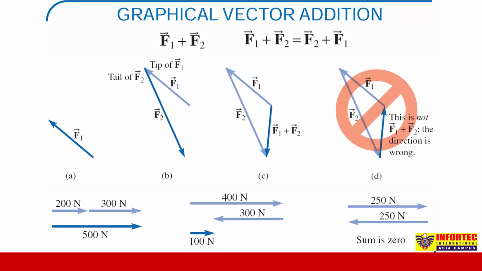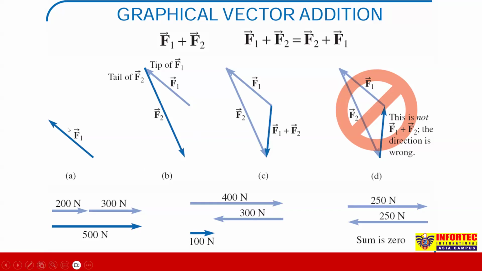So these are opposite vectors. The values are the same but the direction is opposite. When we add A plus B, what happens? The summation is 0. 250 minus 250, because the direction is opposite. Then the sum is equal to 0, right?